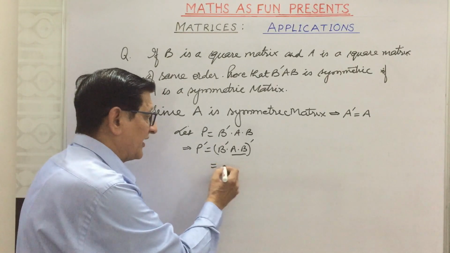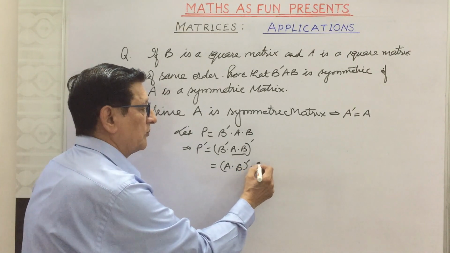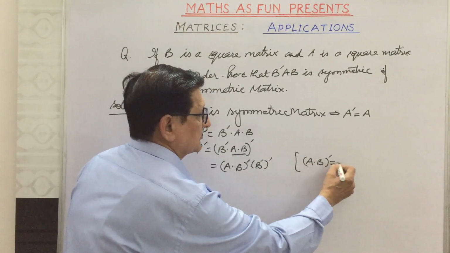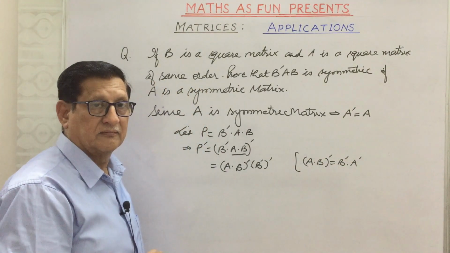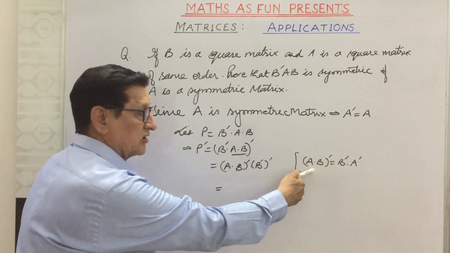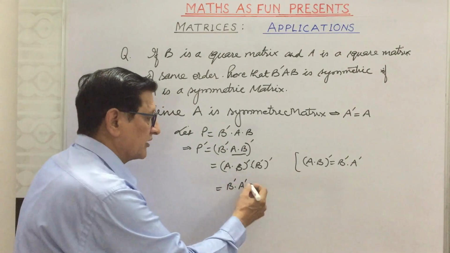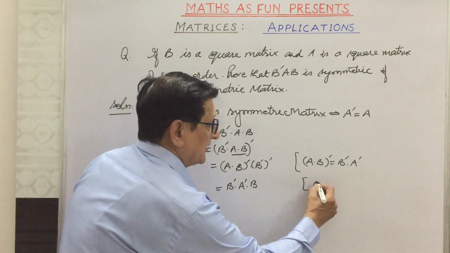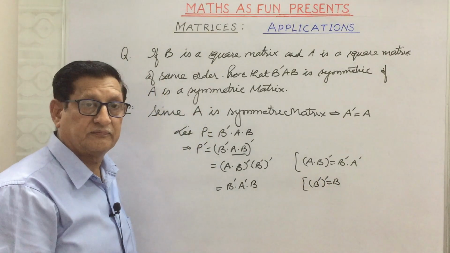So can we write this as A into B dash into B dash dash, since we know that A into B dash is equal to B dash into A dash. Now we can write this A into B dash using this as B dash into A dash, and this we can write as B dash dash as B, because we know that the transpose of a matrix is the matrix itself.